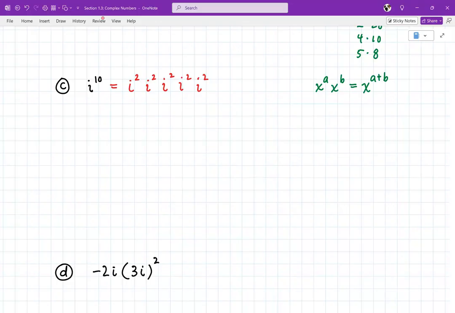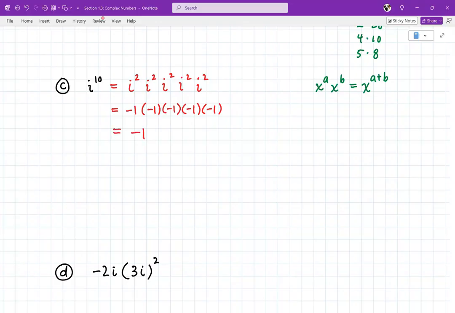What's i squared again? Negative 1. So I'm going to write negative 1 times negative 1 times negative 1 times negative 1 times negative 1. Well, what's that?